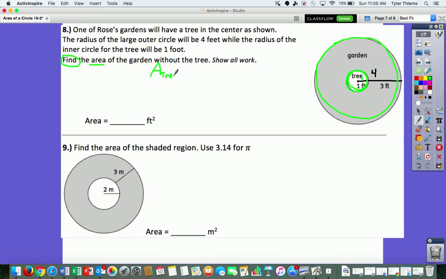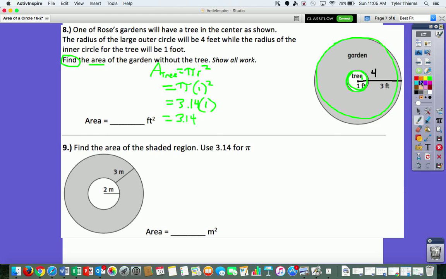We'll start with our formula here. So area of the tree is equal to pi r squared. We know that the radius of the tree portion is just 1, and we square that. So that's 3.14 times 1 squared. 1 times 1 is just 1. So the area of the tree portion is 3.14.